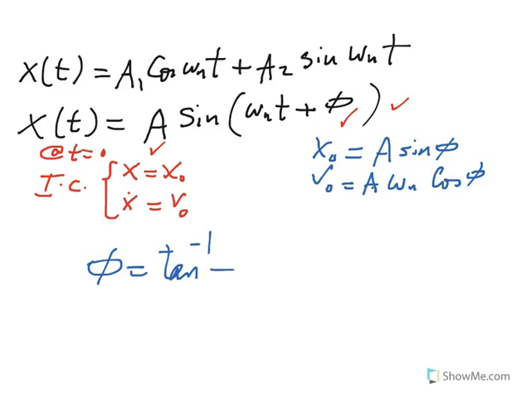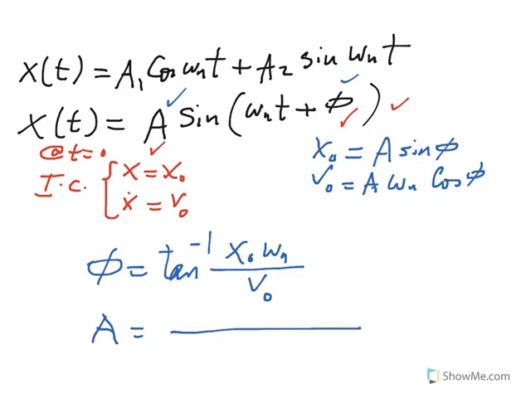Phi becomes inverse tan of x0 omega n over v0, and then the amplitude A. Remember, A is called the amplitude and phi is called the phase angle, and A becomes the square root of v0 squared plus x0 omega n, the whole thing squared, divided by omega n.